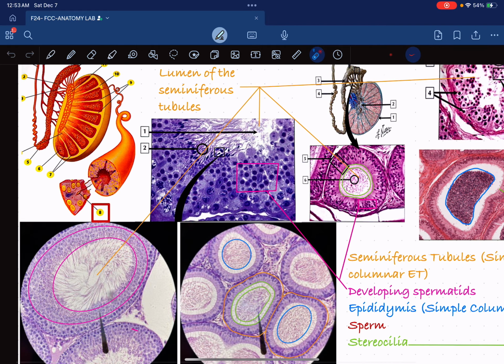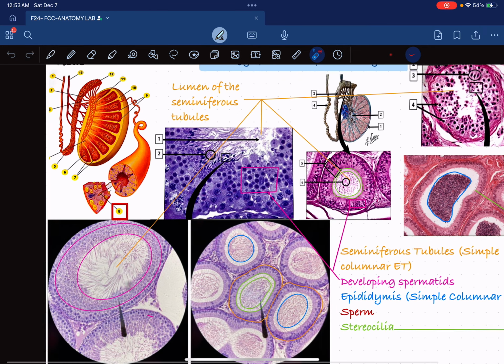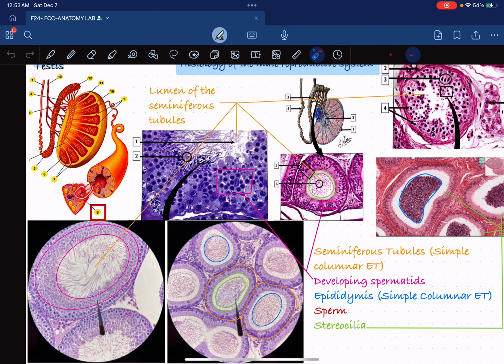The seminiferous tubules. The sperm are more visible in the lumen, by the way. The seminiferous tubules are this large portion highlighted in orange. Also be identified over here.